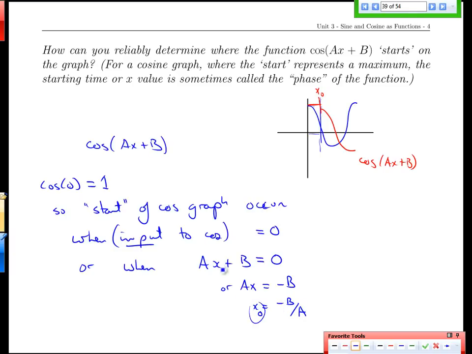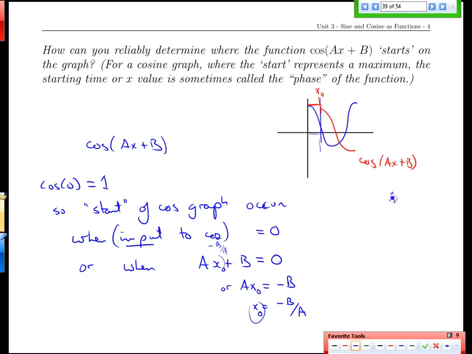I should put that all the way through here. Whatever our intercept or our starting point is, what we're going to call x0, when x0 is minus b over a, when we plug it into here, minus b over a, we're going to get everything canceling. We're going to have an input of 0, and the cos of 0 will give us our peak. So it's a bit of a backwards invert way to go about it, but this is the most reliable way.